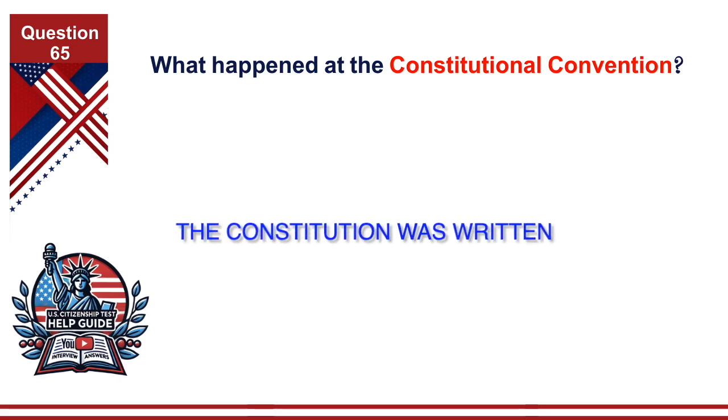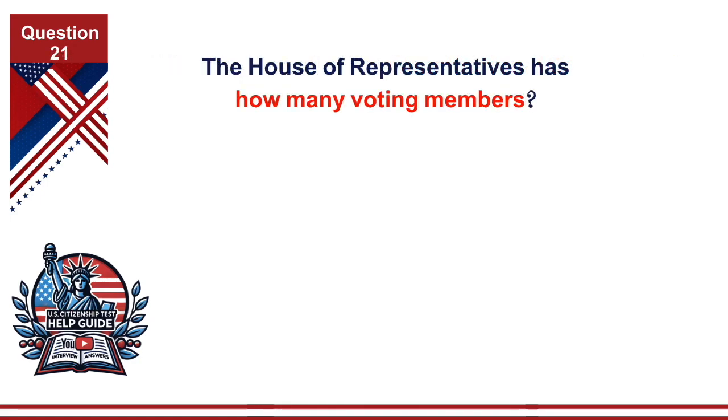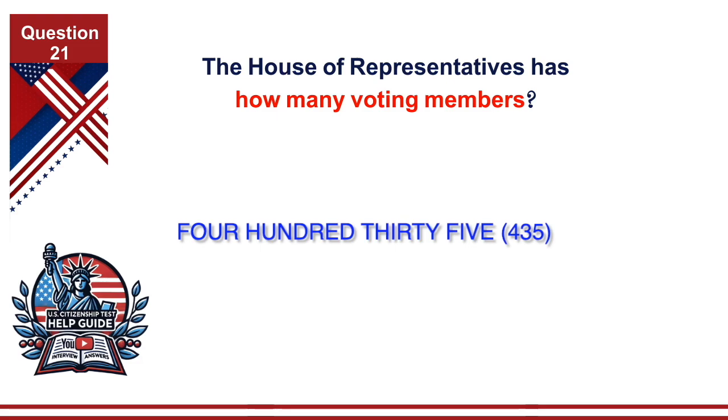The Constitution was written. The House of Representatives has how many voting members? 435.